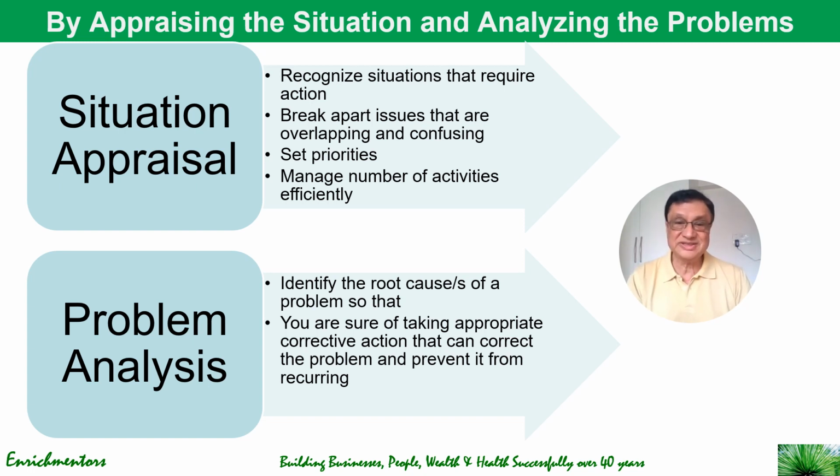Absolutely. So this is the second thing that you need to do: problem analysis, in which you identify the root cause and then find a corrective action that can correct the problem and prevent it from recurring, right? So that is the second element that you need to do.